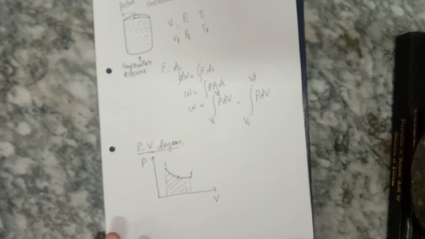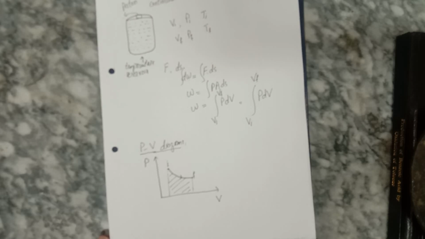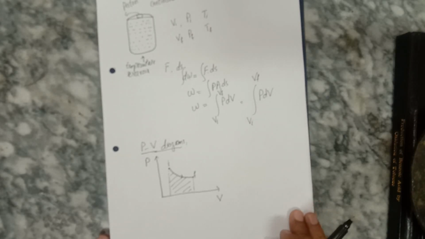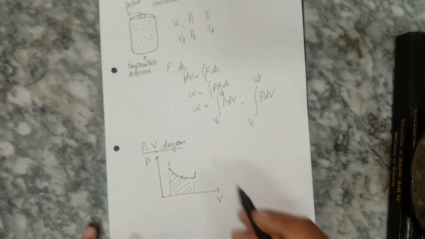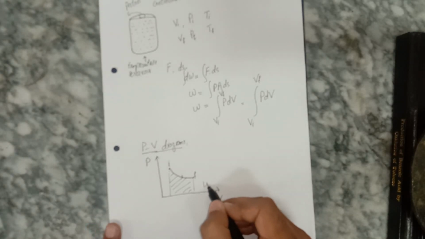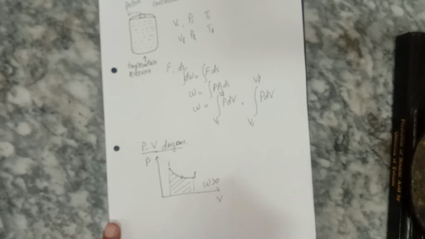And next, we want to know whether the work done is positive or negative. Whenever the volume of the thermodynamic process increases, the work done is positive. So in this case, work done would be greater than 0, right?